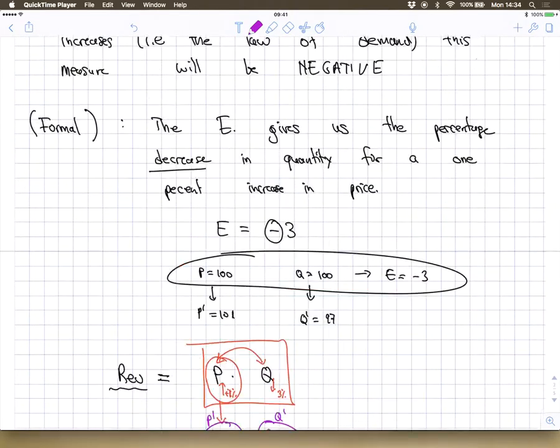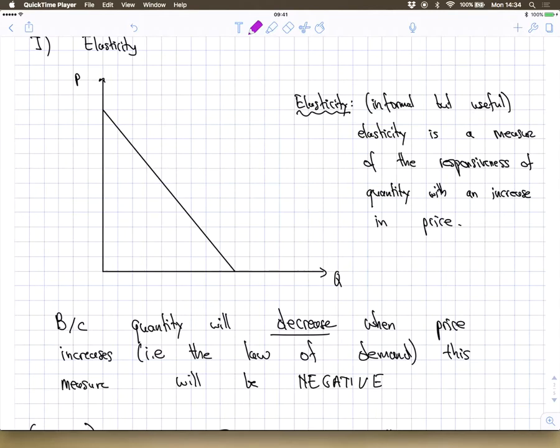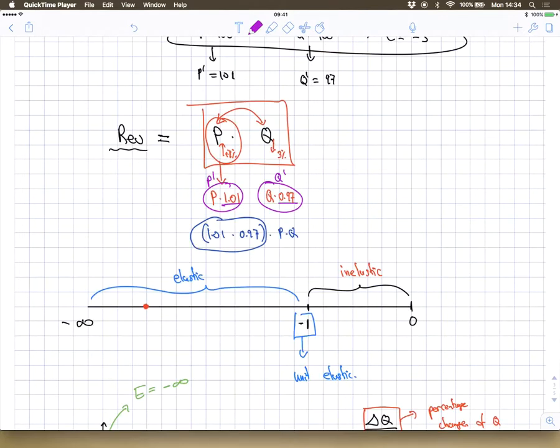We motivated the concept of elasticity by figuring out the responsiveness of quantity as price changes. We looked at revenue, which is an important part of a monopolist, right? He wants to look at sales. And we were able to say things like, if the demand is elastic, that means that raising the price should lower your revenue.